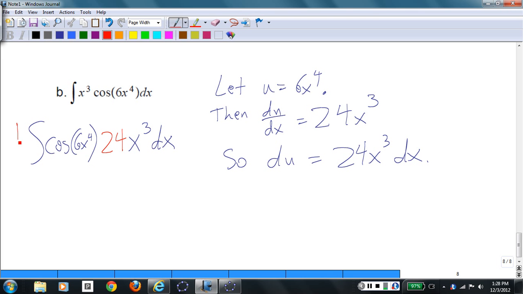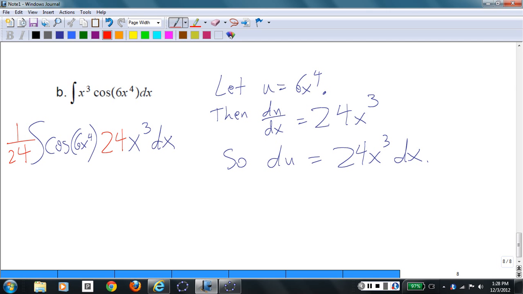And I put a 1/24 right there. My du is 24x cubed dx, and that determines what I have to put into the integrand to make this thing work. So if it's going to happen for me, I've got to have a 24x cubed there. So I write 24x cubed, 24 in red because there wasn't a 24 in the original integrand, and then just account for that.